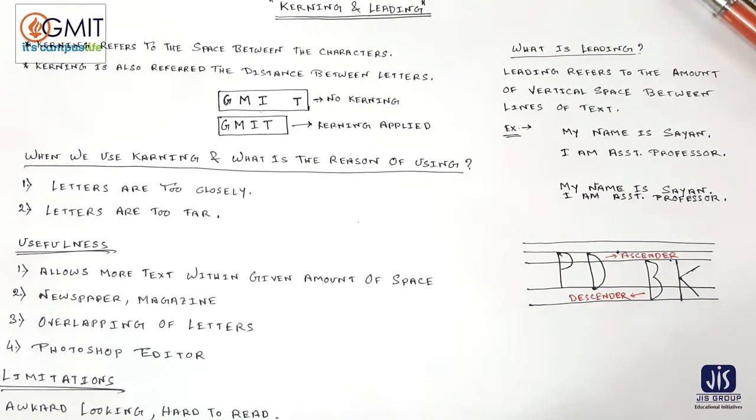You saw kerning is about the distance between the characters of words, and leading is the vertical distance, more precisely the vertical distance between two lines. Here is an example. My name is Sayan. I am assistant professor. My name is Sayan. I am assistant professor.